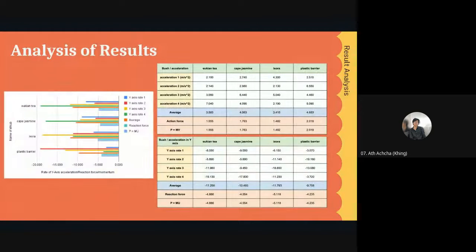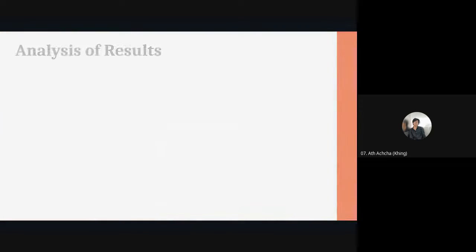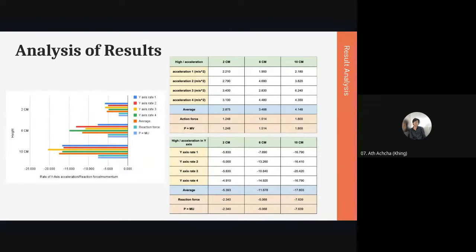And the second one of the analysis of the result represents the second experiment, about different shrubs but at the same height. And the third one is the analysis of results about the same shrub but different heights.